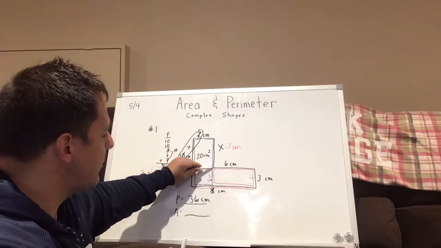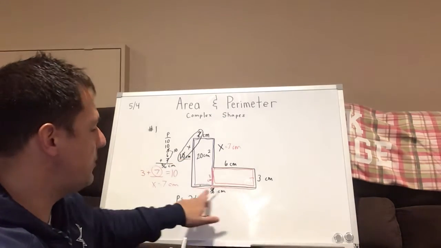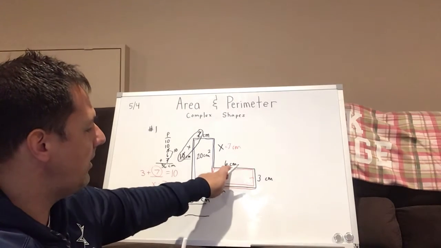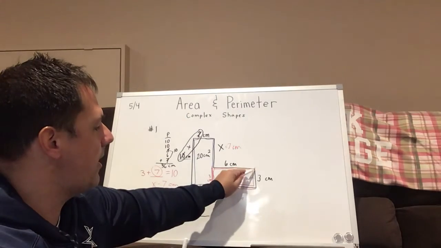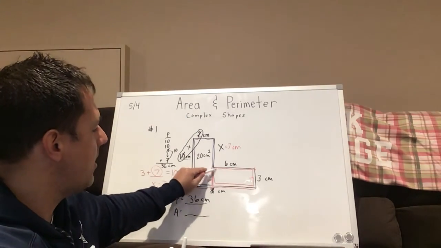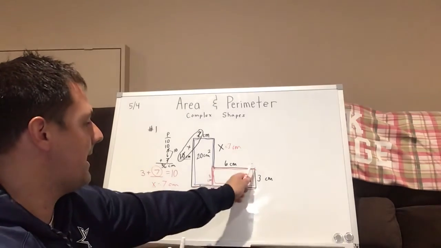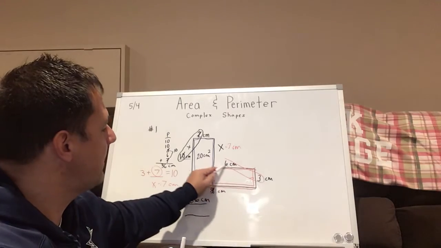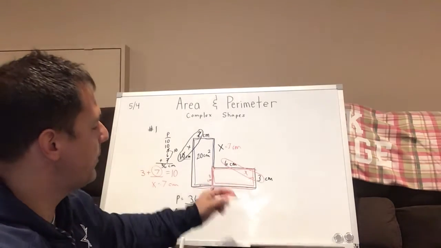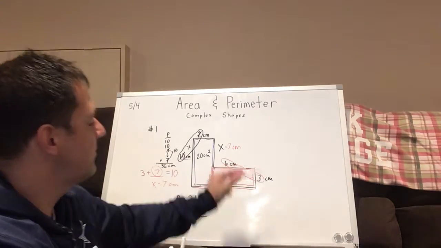If you remember, we're stopping right here. So I can't use the 8. I'm actually going to use the 6, the line on top, because it's letting me know from this point here to this point here is 6 centimeters. And that's the exact size that I need. So I'm going to take the 6 times the 3 to figure out the area of this rectangle. I know 6 times 3 is 18 centimeters squared.